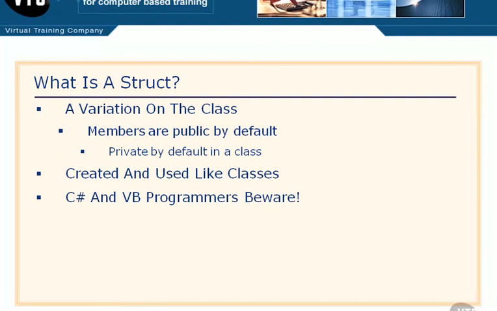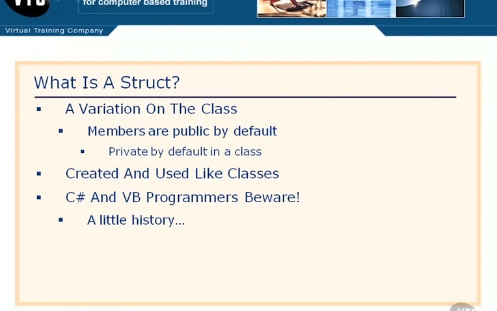A class is a reference type, and a struct is a value type in .NET parlance. And that is true in .NET. It's not true in C++, okay? So understand that in C++ you don't get the same efficiency of using a struct as opposed to a class like you do in the .NET world, okay?